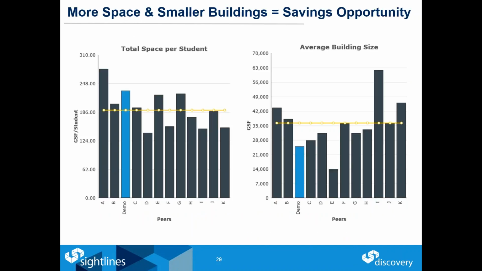And then finally, we look at things like scale. And that is, do I have lots of smaller buildings? Is there the opportunity to consolidate? Because in our experience, an appropriately scaled campus is generally a more efficient one.